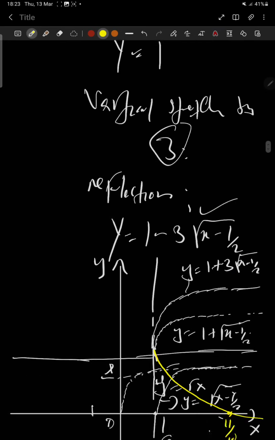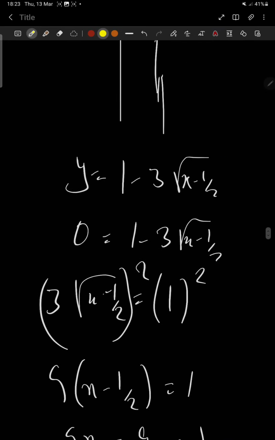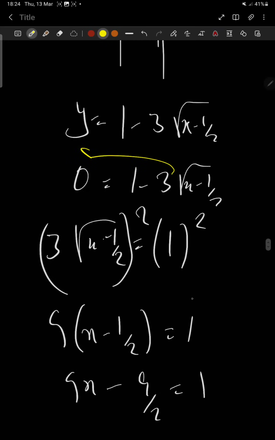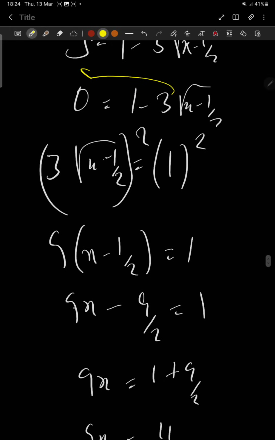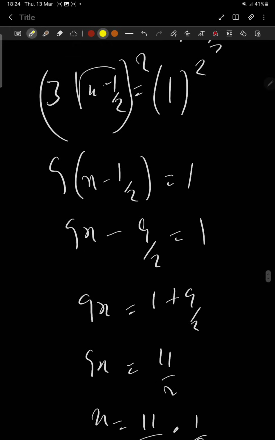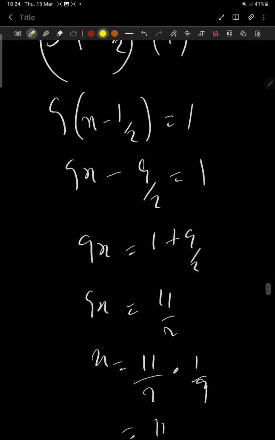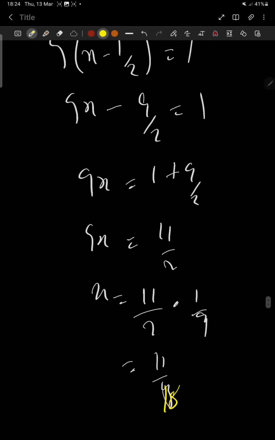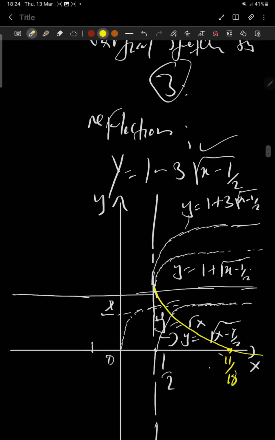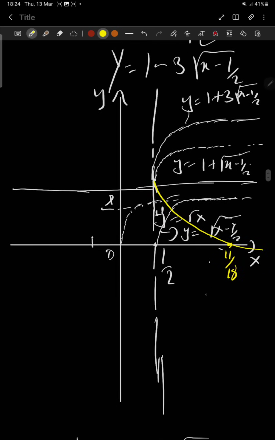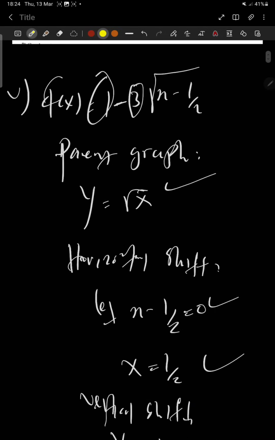Let me check it: if we square both sides, we're going to have 9 times x minus half equal to 1, so 9x minus 9 over 2, which gives 11 over 2 times 1 over 9. It's all right. So that will be your graph. This will be your reflection then.